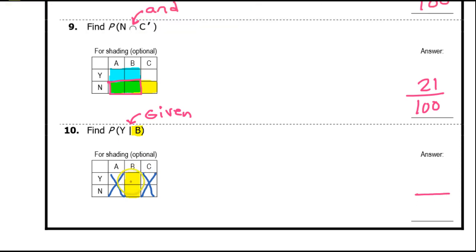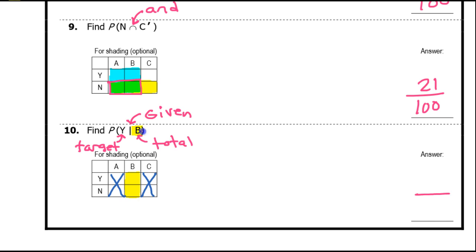So the new total is only B. In fact, when we do target over total, these given problems make it easy for us because the target is going to come from this first number and the total is going to come from the second number.